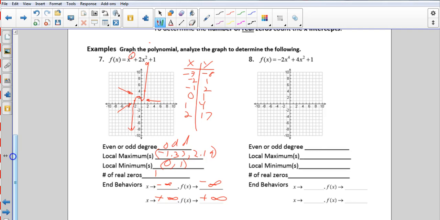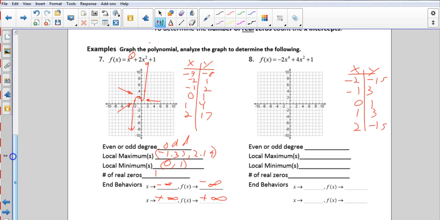Then for number 8, we enter in a new one: -2x to the 4th plus 4x squared plus 1. And we graph that. It's pretty much off the chart pretty quickly. -2, -15; -1, 3; 0, 1; 1, 3; and 2, -15.